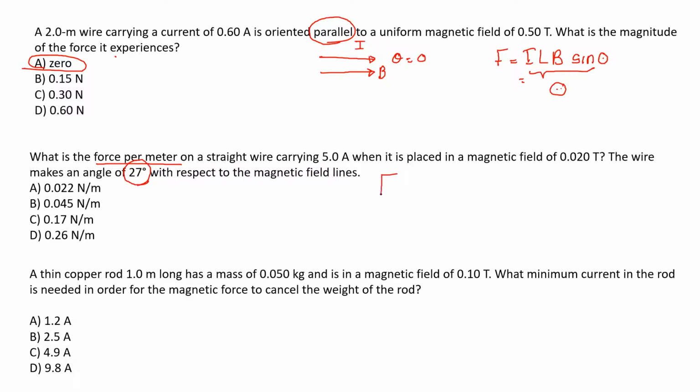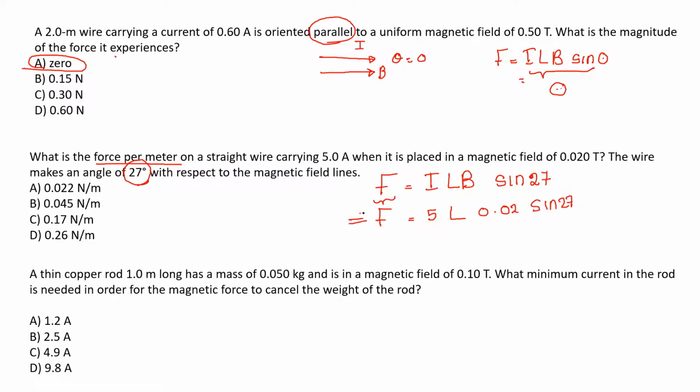So if I use the equation, this is the equation. Let me plug in the values. This is what we need to find. What is I? I is 5, and they haven't given us L, and they have given us B and sine 27.